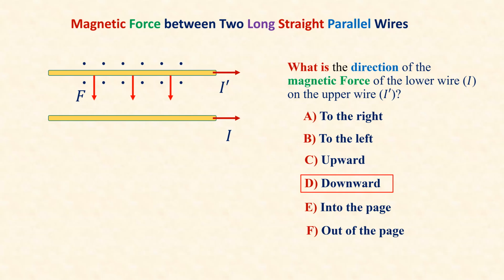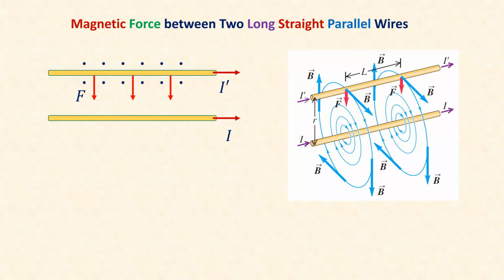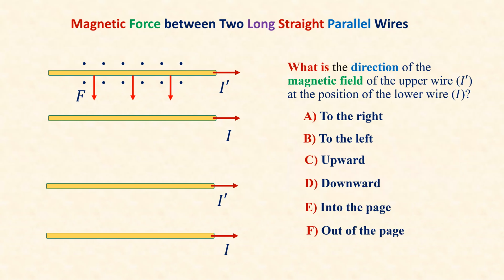And then if we do it for the other one, you see this is the way it works. The magnetic field is this way, and the force is toward the lower one. This is the three-dimensional perspective of that. And then what is the direction of the magnetic field of the upper wire at the position of the lower wire?